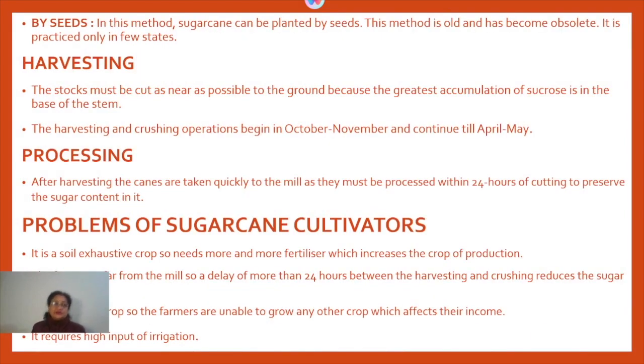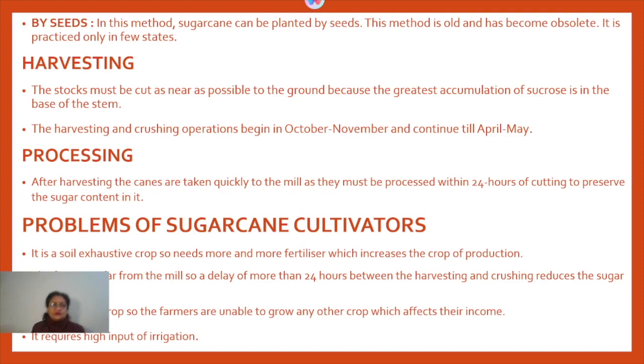Then the third method of sugarcane cultivation, or you can say planting of sugarcane, is by direct seeds. In this method sugarcane can be planted by dropping the seeds. Now this is not practiced a lot these days. This is an old method, and now it is considered obsolete. In very few places you will find this method still in use.